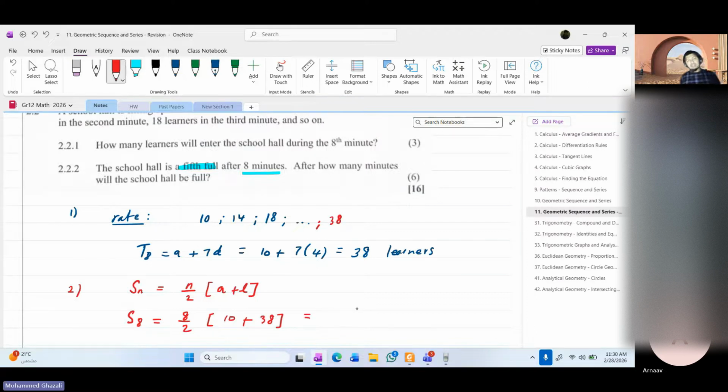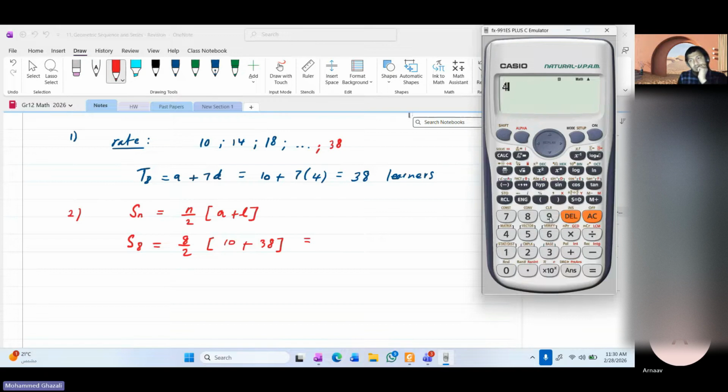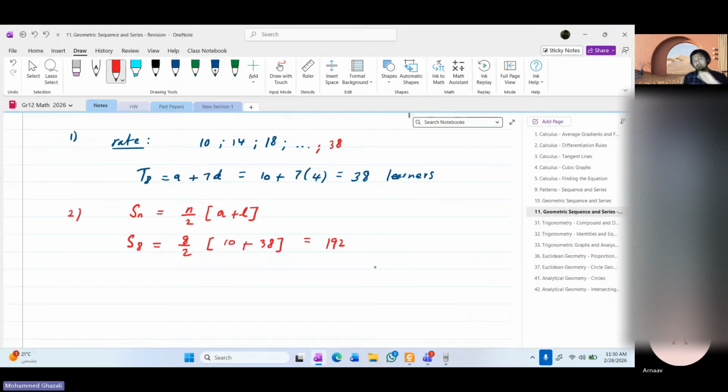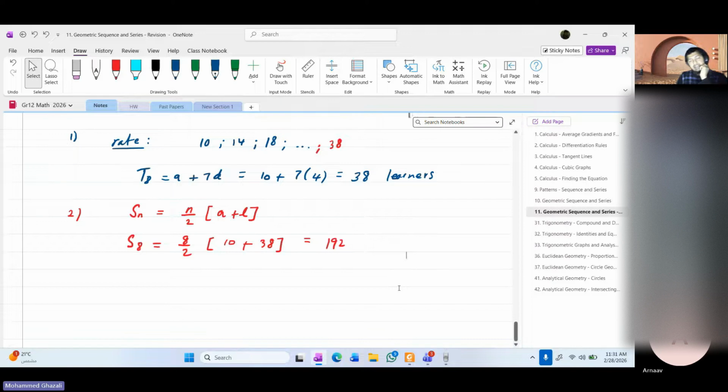And that's going to give me 4 times 48, which is 192. Yeah, so we got 192 learners.